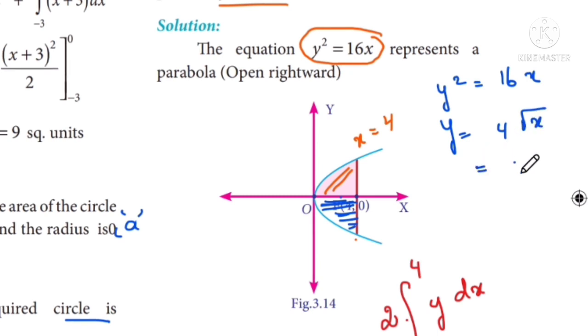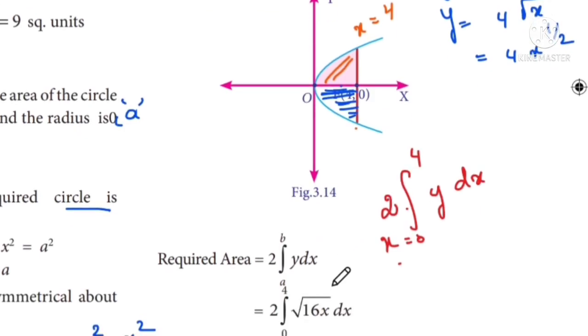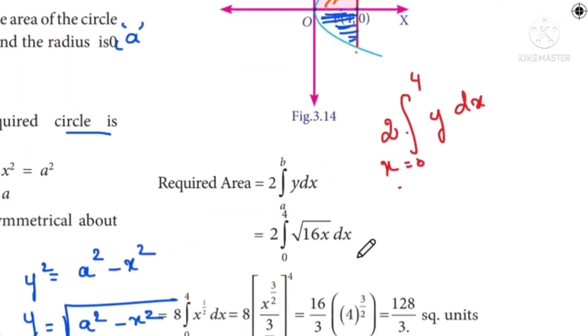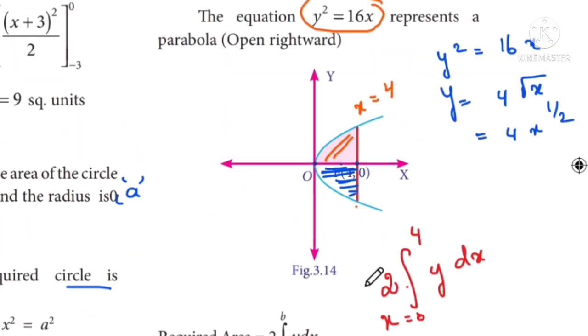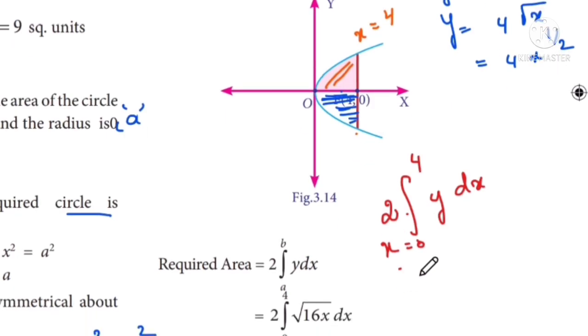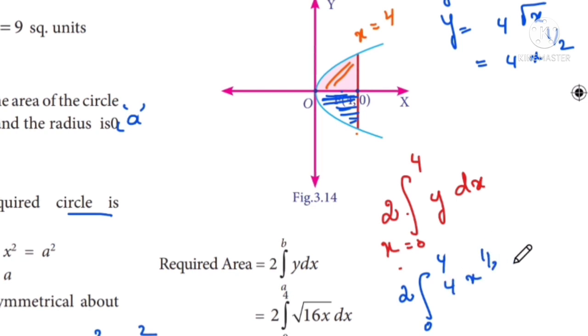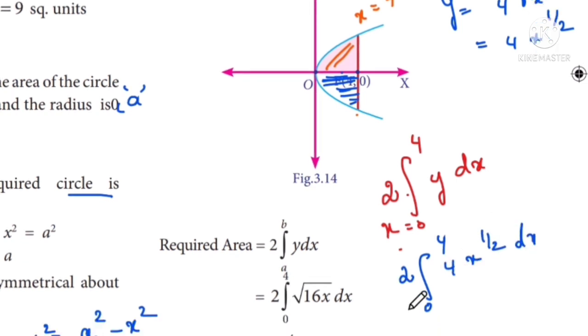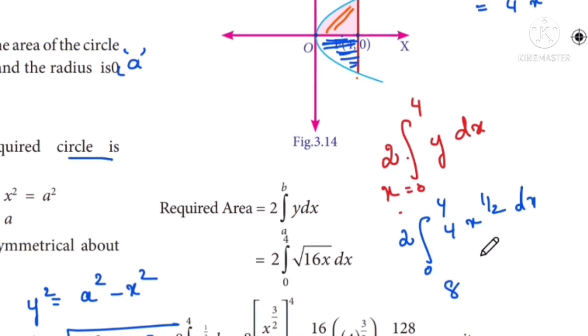That is 4x power half. What is the integration of 4x power half? So this is 2 times the integral from 0 to 4 of 4x power half dx. 4 into 2, 8 is a constant, take it out. What is the integration of x power half?